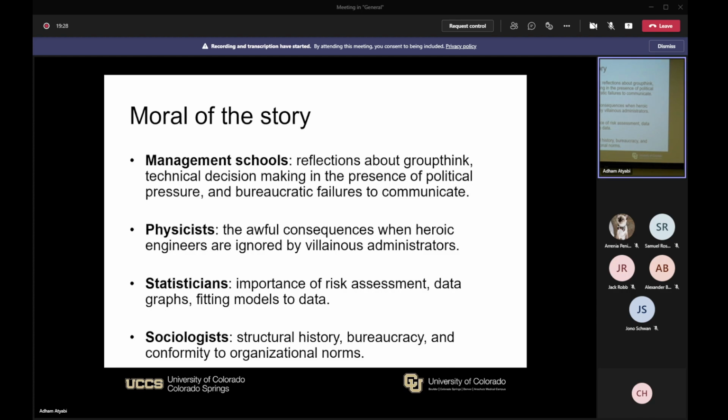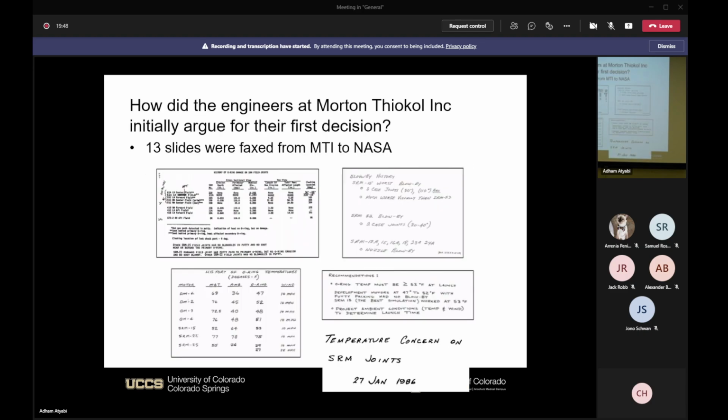It is hard to reconcile the sense of inevitable disaster embodied in the cumulated literature of post-accident inside the experience of the first 24 shuttle launches, which were distinctly successful. Now we're going to get to how did the engineers at the MTI initially argue for their first decision.